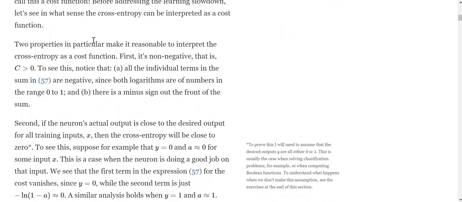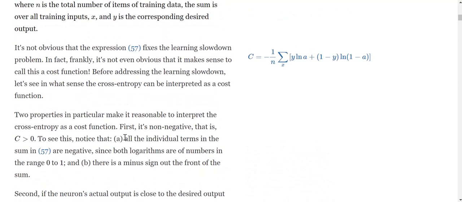Two properties in particular make it reasonable to interpret the cross entropy as a cost function. First, it's non-negative, that is, C is greater than 0. To see this, notice all the individual terms in the sum in 57 are negative, since both logs are of numbers in the range 0 to 1.